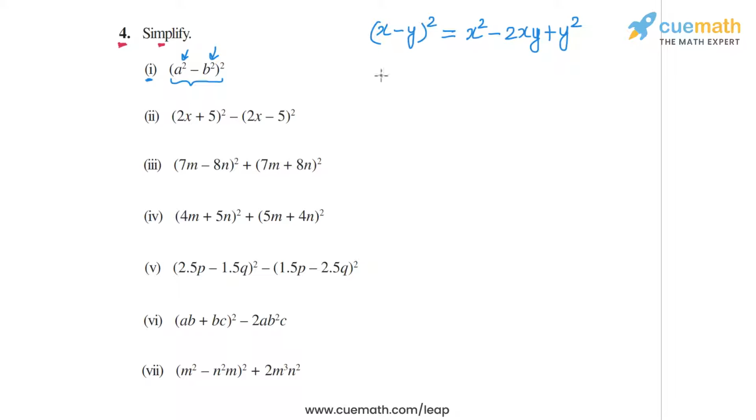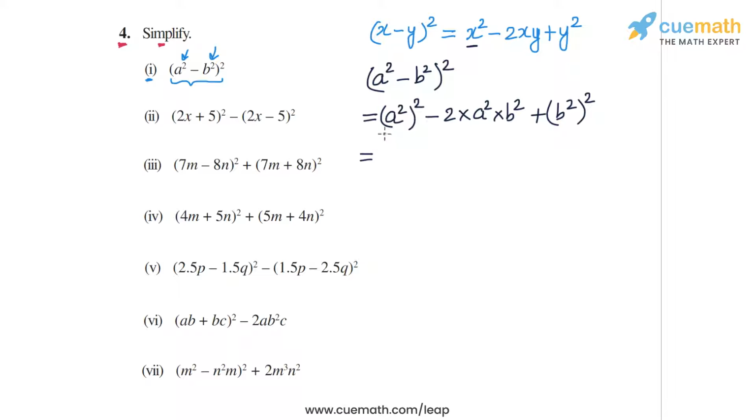So the expression is (a² − b²)². Okay, so we will now expand this. We will get x², or the square of a², and then we will get −2xy, so −2 into a² into b², and then we will get + y², so plus the square of b².